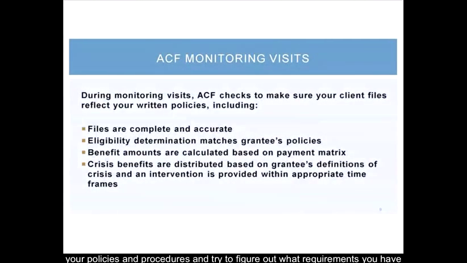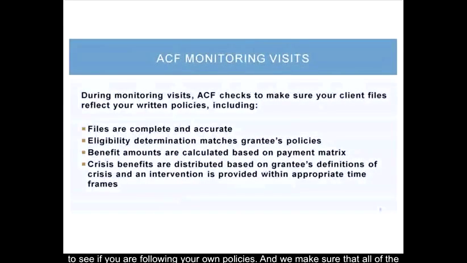We read your policies and procedures and try to figure out what requirements you have for each client file. So if you don't have written requirements, that's a first flag. We highly encourage everyone to have the policies of what is required to be in a client file clearly written down. And then we look at your client files to see if you are following your own policies.